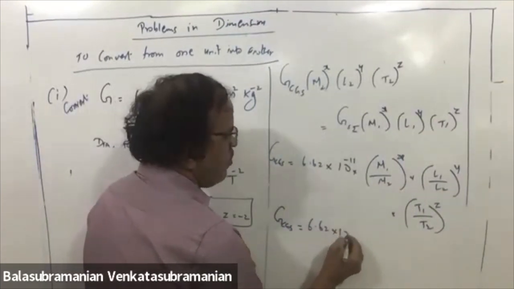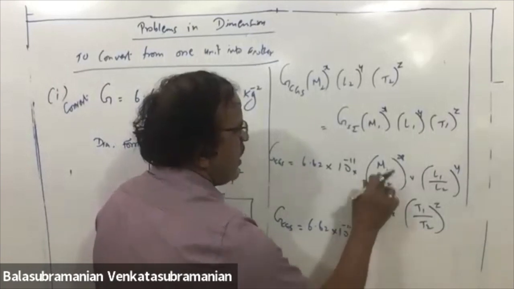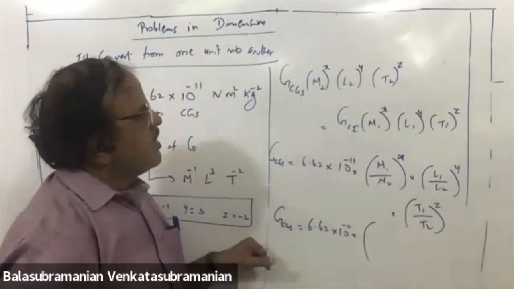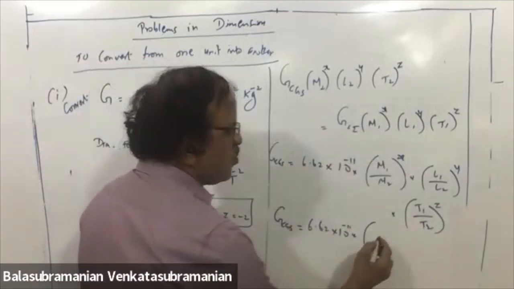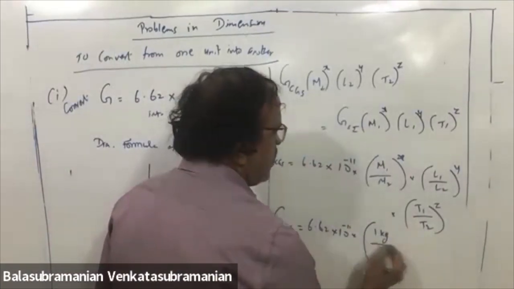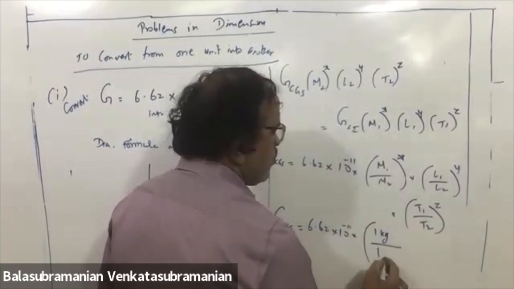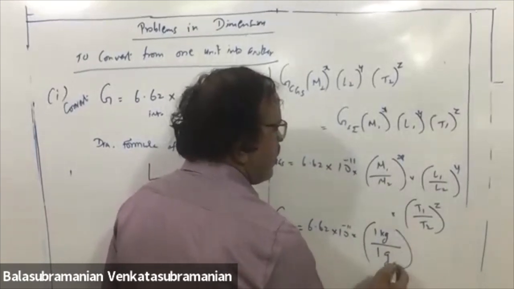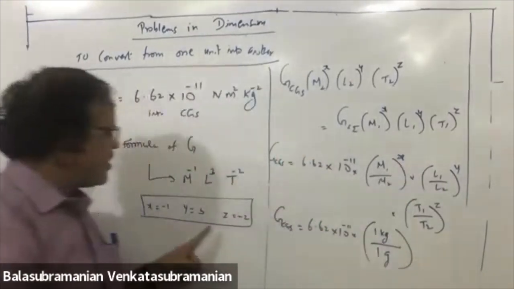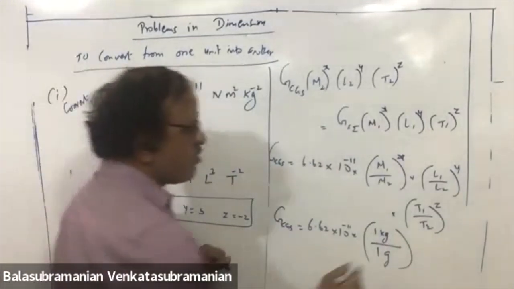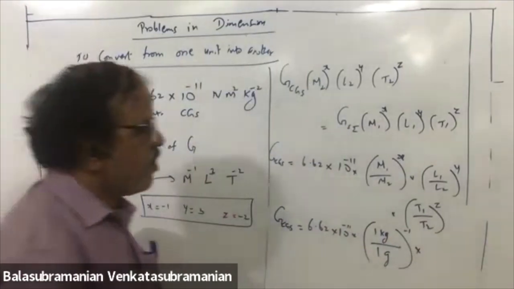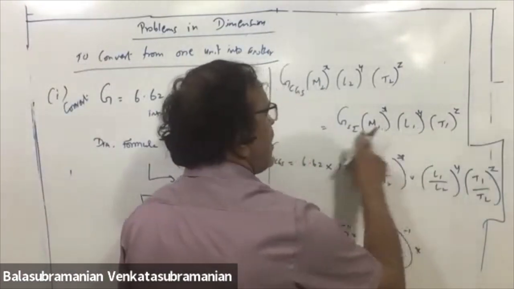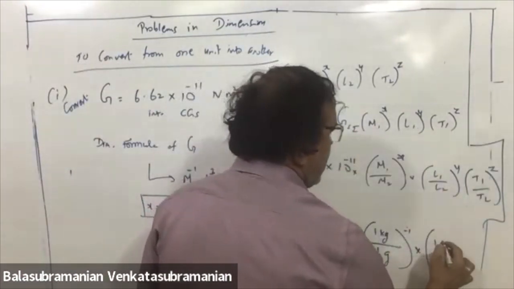6.62 into 10 power minus 11. M1, this is the mass in SI unit. SI unit mass is 1 kilogram. CGS unit mass is 1 gram. Power X. What is X? Minus 1. Next, L1 by L2. L1 in SI unit is 1 meter.